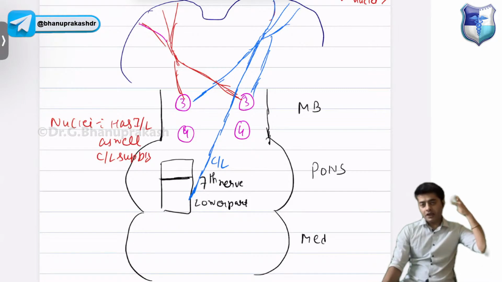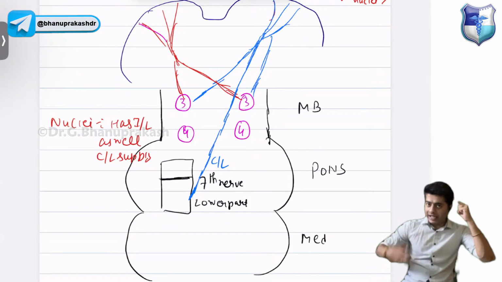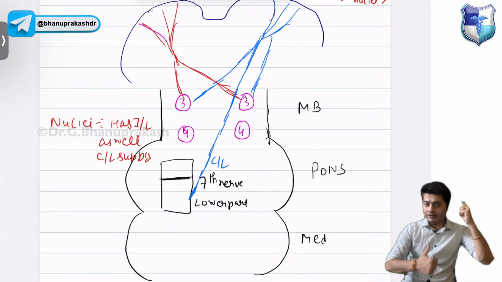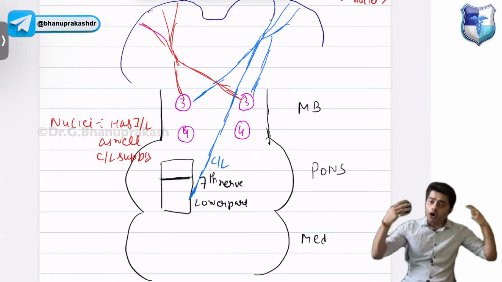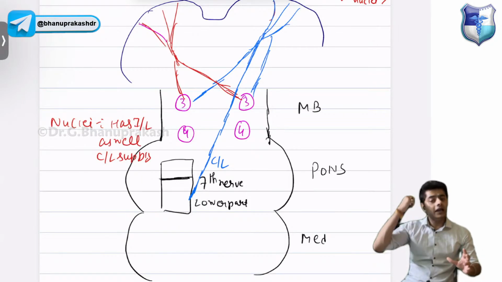So if suppose I get a stroke on the left side, I will get a right-sided hemiplegia from the corticospinal tract, that is okay. And I will get the manifestation of the lower part of the seventh cranial nerve, that is UMN facial palsy. But all my other cranial nuclei won't have any palsy because they will be supplied by the other contralateral side also.